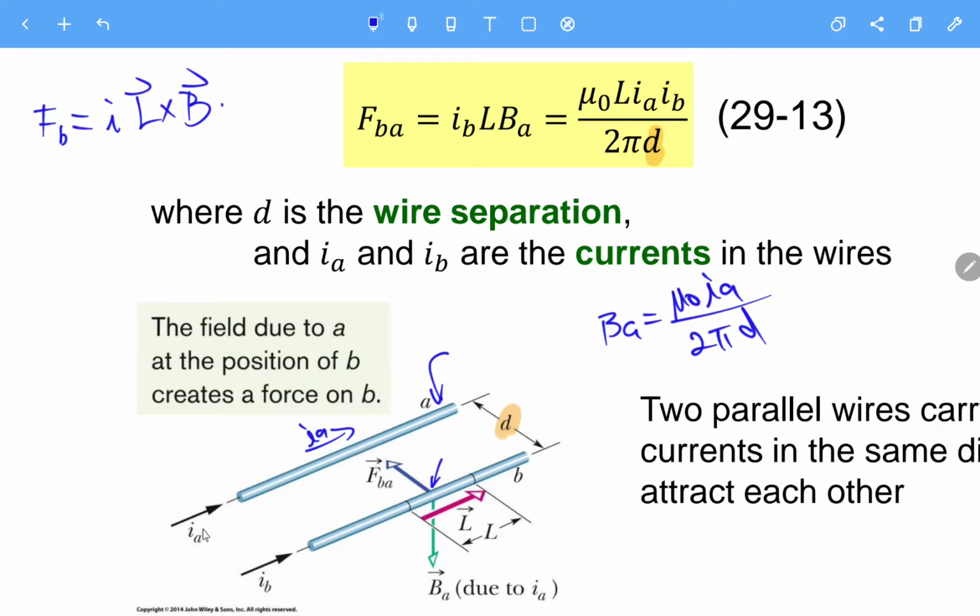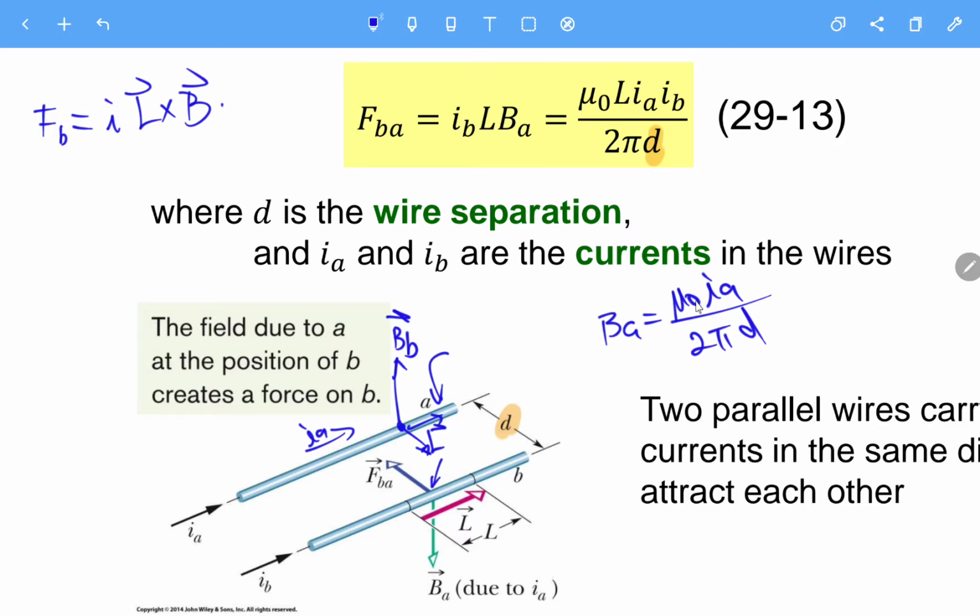You can also consider the magnetic field generated by wire B. For maybe this point, BB is pointing upward, and L is pointing to this side, so L cross B points to wire B. Following the same way, we will have FAB pointing to wire B. Okay, so we can just plug this in here.